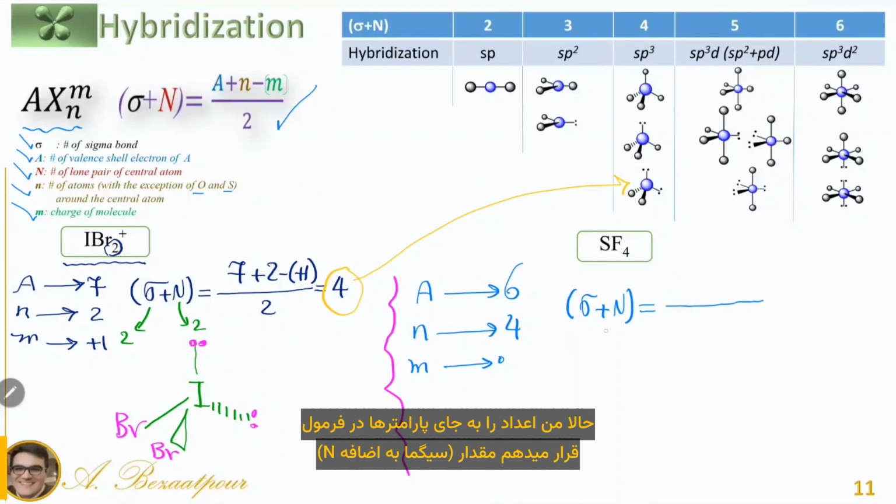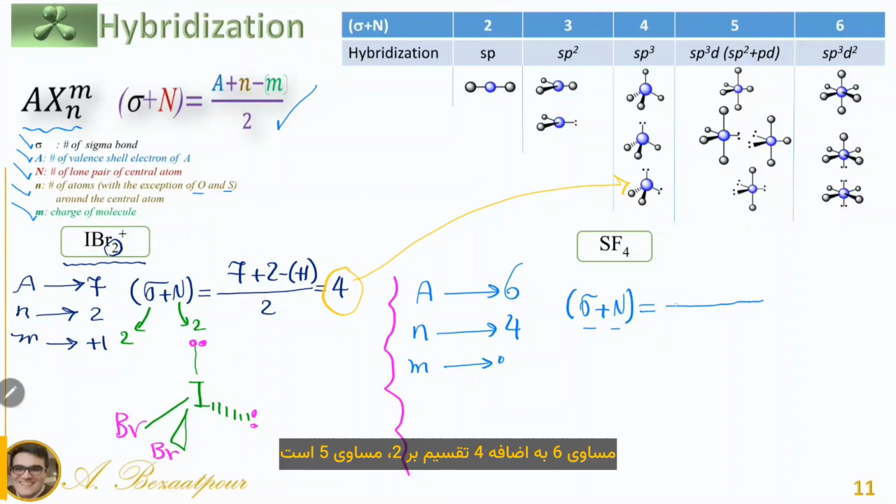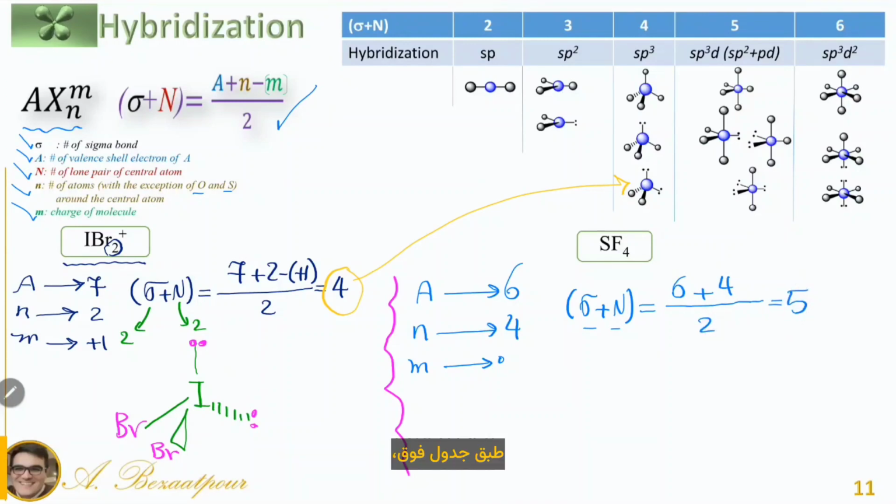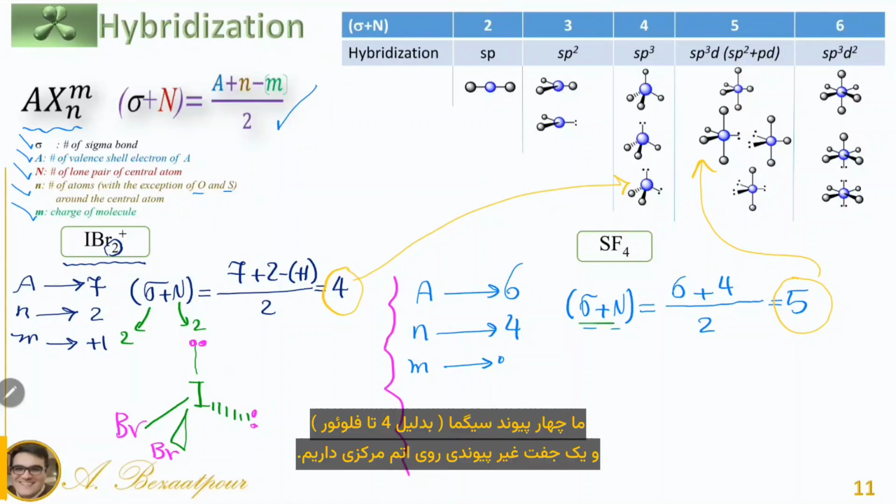Sigma plus n equals (6 plus 4) over 2, which equals 5. According to the above table, the number 5 corresponds to sp3d hybridization. On the other hand, for this molecule, we have 4 sigma bonds because of 4 fluorides and so 1 lone pair.